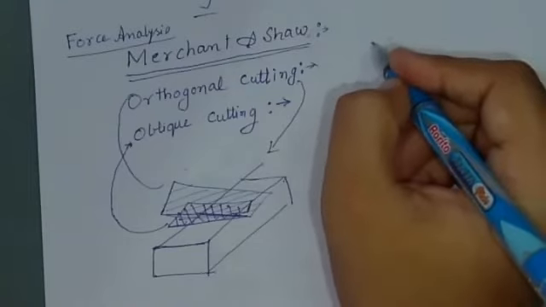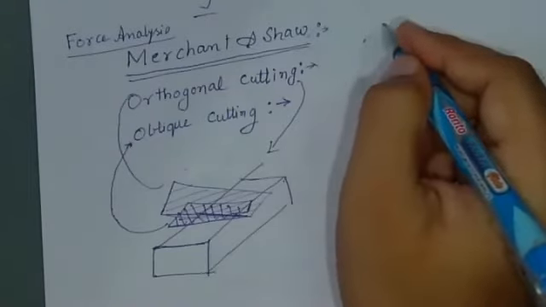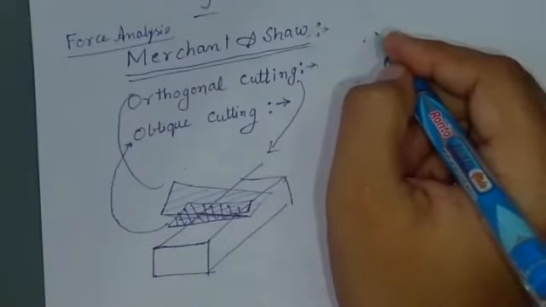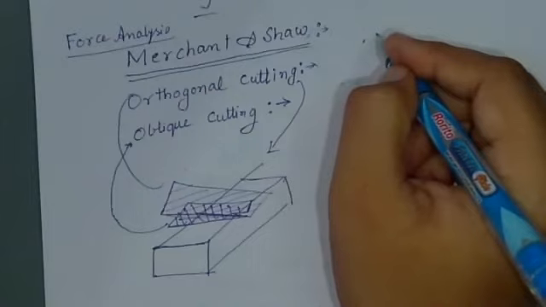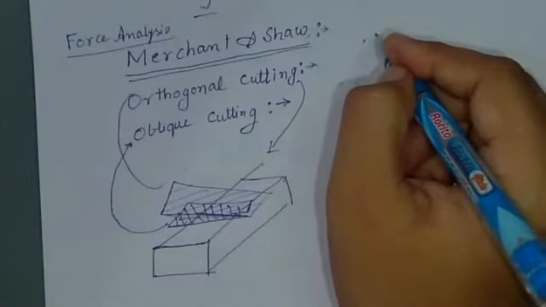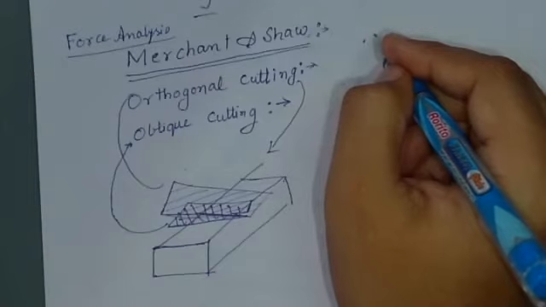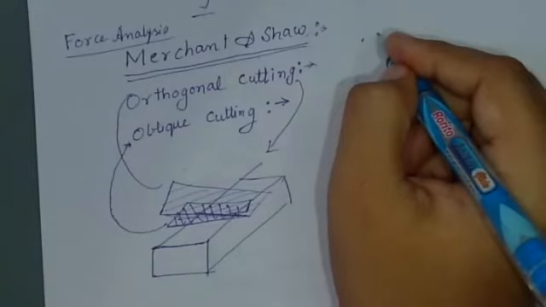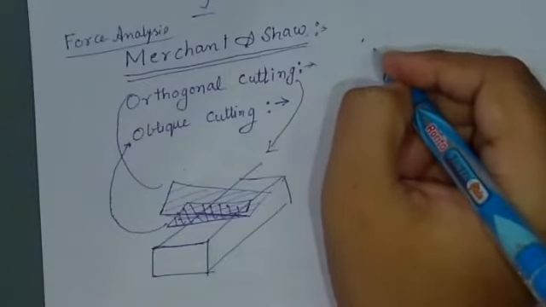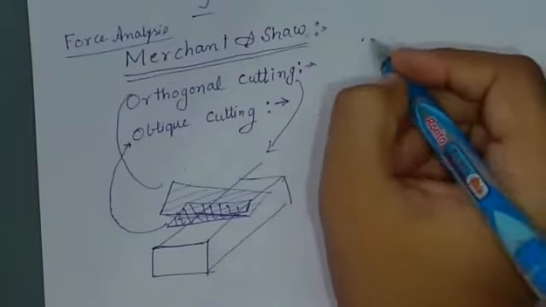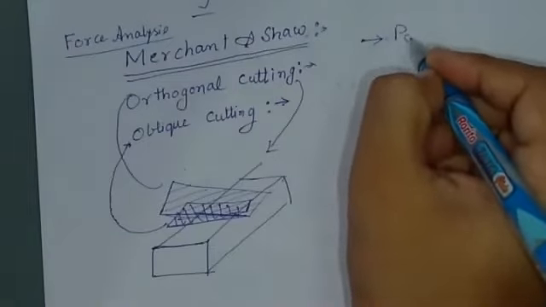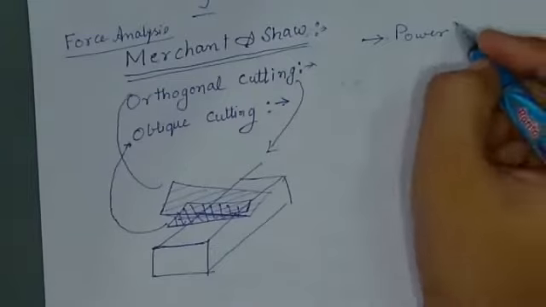So the whole machine tool design is based on the forces being generated, and the amount of various forces is also important for determining how stiff the machine tool is. Otherwise there will be a lot of vibration and distortion, and it will be very difficult to obtain certain dimensional tolerance.